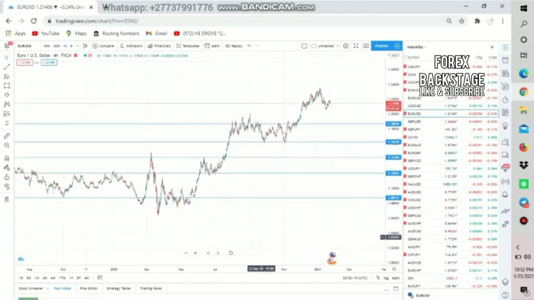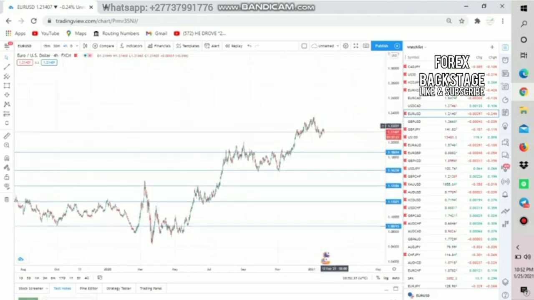A trend is where the market is going for a long period of time, even though there are small pullbacks or whatever. So as you can see, from 20 March 2020, it has been trending upwards until today, which is the 25th of January 2021.